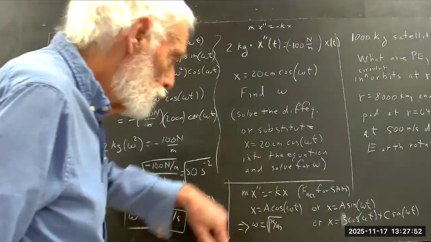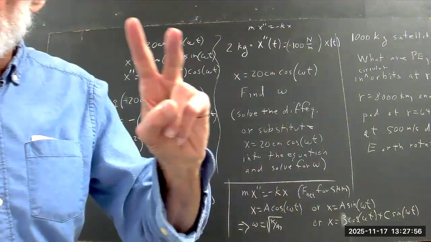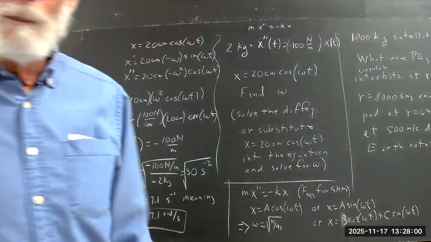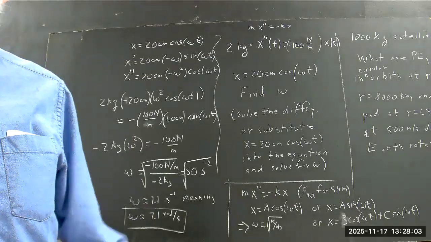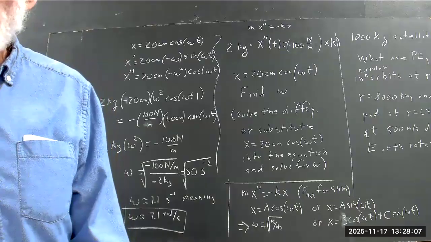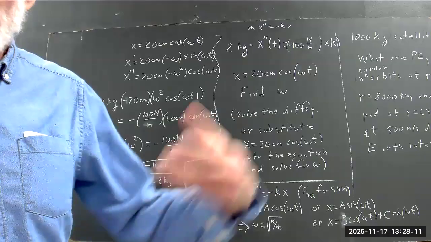Since these are both solutions to the equation, and it's a second order equation, you have two arbitrary constants, which are this and this. And I stopped at the point of showing where the two arbitrary constants came from when I derived this thing in lab last time, using e to the ikt.